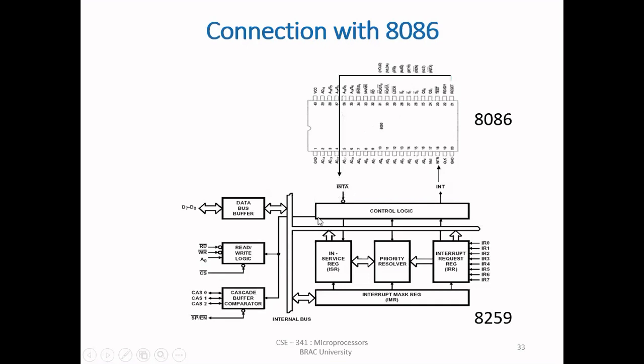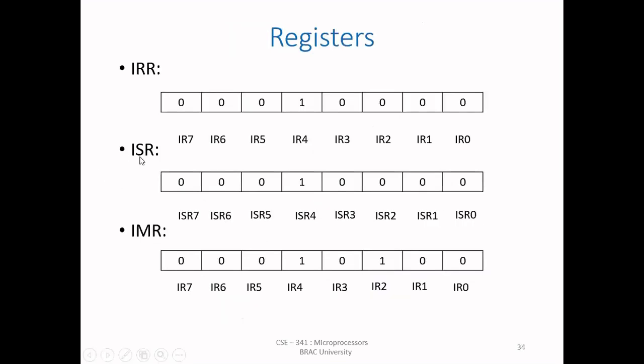Okay, now there is another register, that is the in-service register. It keeps track of which interrupt inputs are currently being serviced. For each input that is currently being serviced, the corresponding bit will be set in the in-service register. This is the in-service register. Suppose, as I explained before, the keyboard has interrupted.